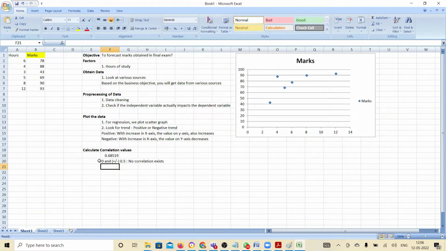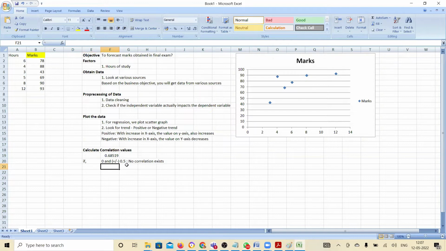Minus or plus indicates direction. It doesn't indicate any specific value. So plus means positive direction, negative means negative direction, but it doesn't tell you more than that. But the value tells you how strong the correlation is. So typically between 0 and 0.5, we say that there is no correlation.